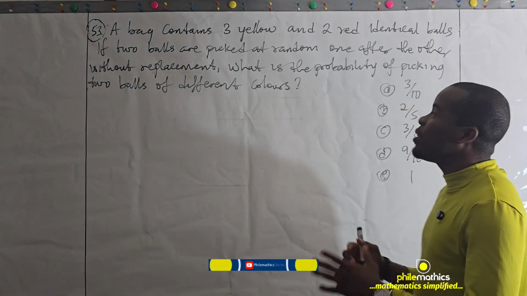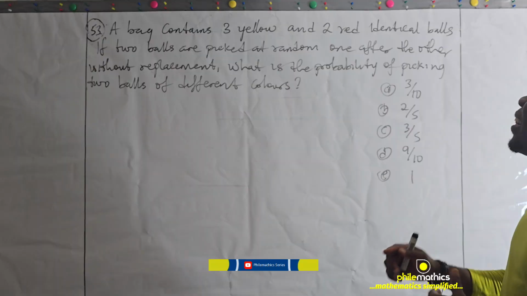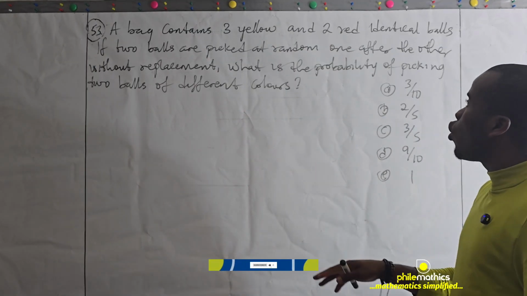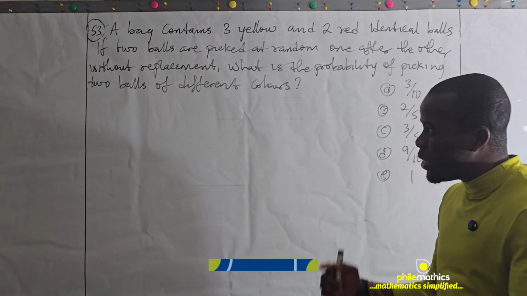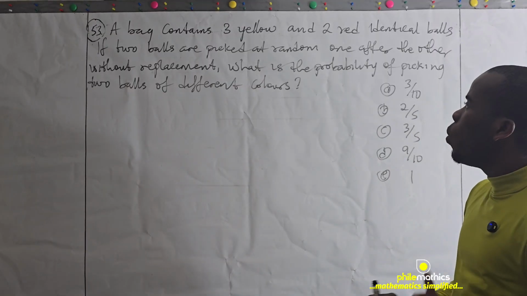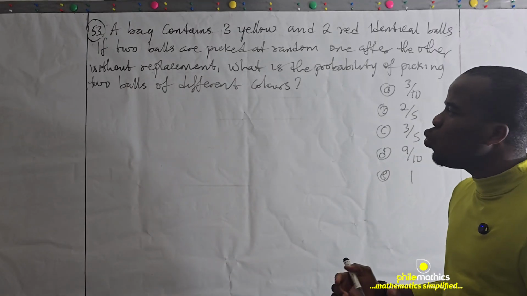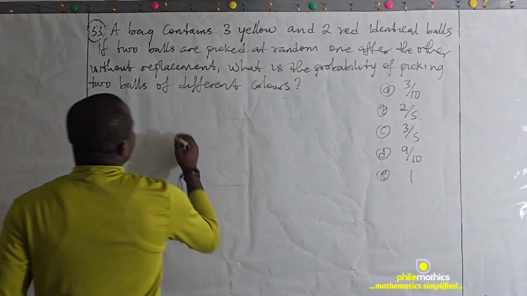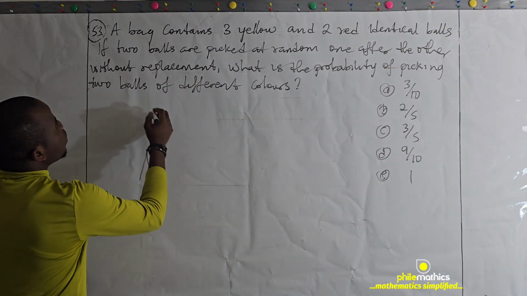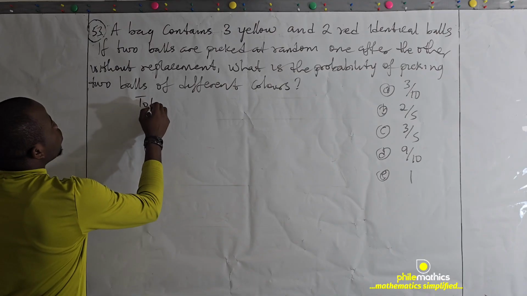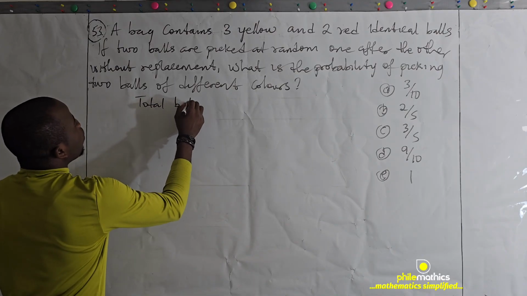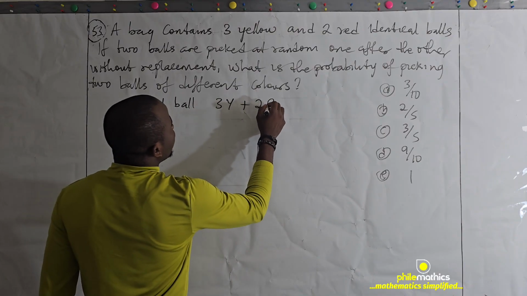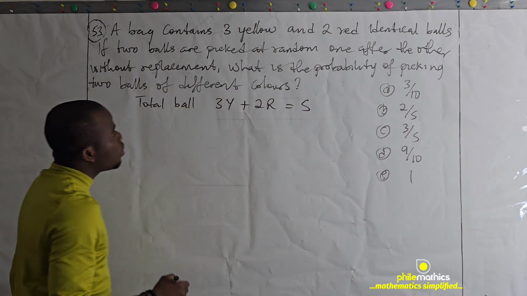A bag contains 3 yellow and 2 red identical balls. If 2 balls are picked at random, one after the other without replacement, what's the probability of picking 2 balls of different color? So this is how we do this. First of all, total balls will be 3 yellow plus 2 red equals 5.